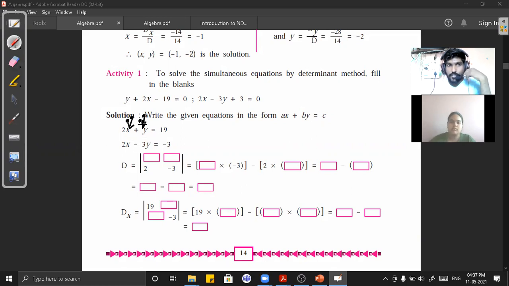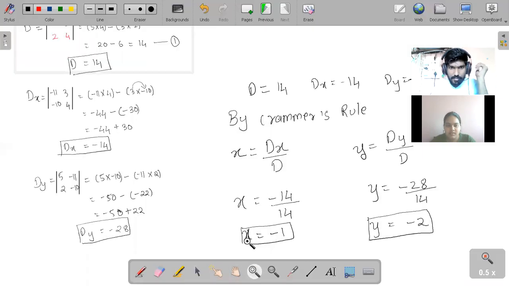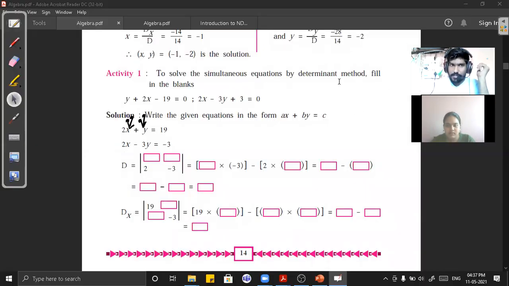So when there is no coefficient written, what is the number? A lot of people say no, not minus, there is plus here. Plus 1. Yes, plus 1. So what should be written in these two boxes? 2 and 1.